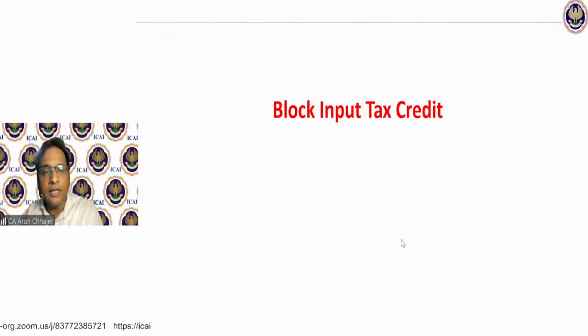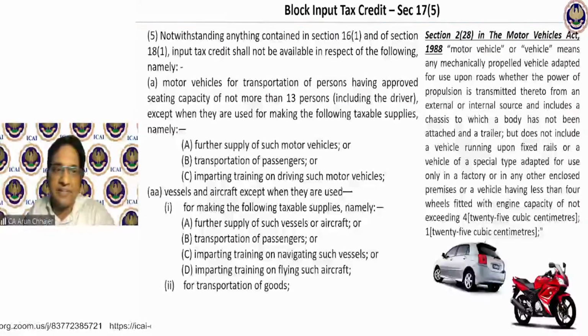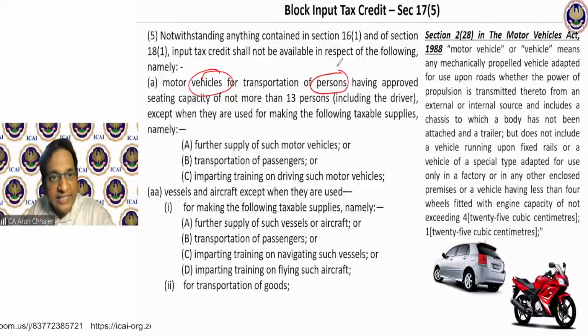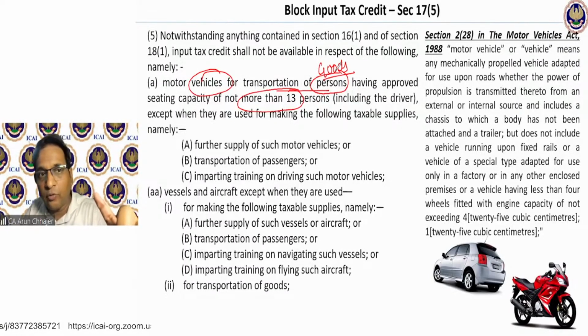What is the block credit? Block credit means 17.5, which talks about the block credit. Clause A, motor vehicle. Which motor vehicle? Which is transportation of person, any seating capacity up to 13 seater. It means if I am purchasing any motor vehicle for transportation of goods, whether ITC would be allowed?